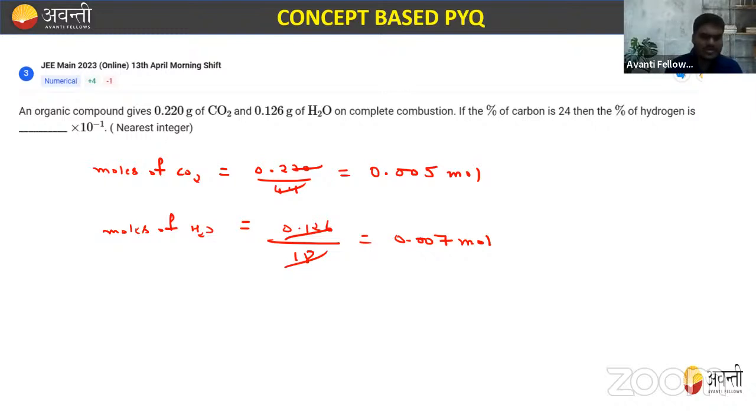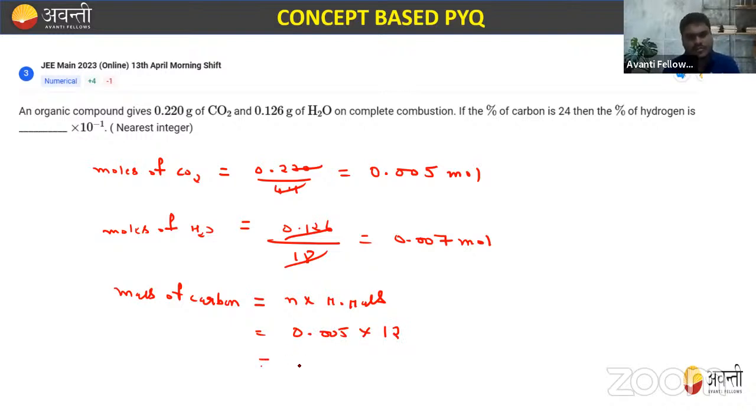So how will you find the mass of carbon, beta? So mass of carbon is equal to mole of carbon into molecular mass. ठीक है? So mass of carbon is equal to moles of carbon into molecular mass of carbon. So moles we already calculated 0.05 and the molecular mass is 12.